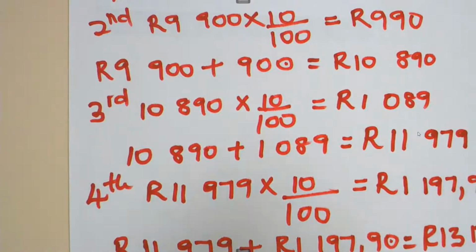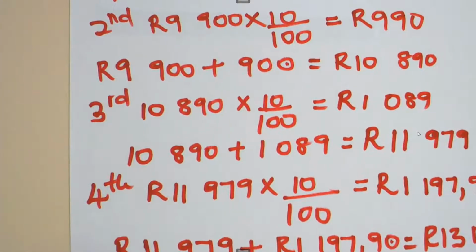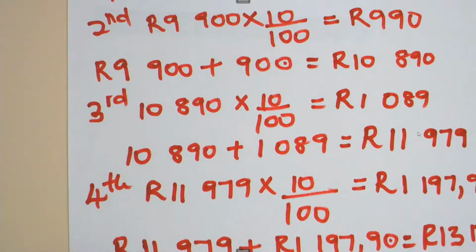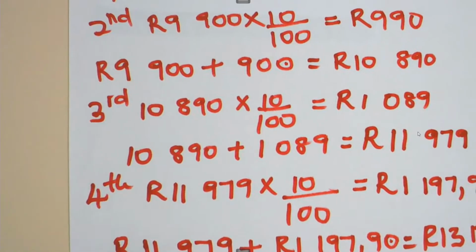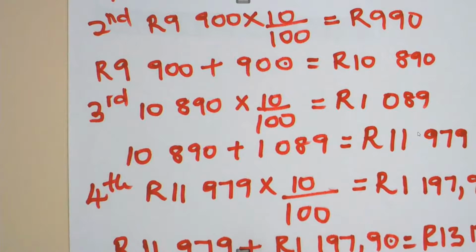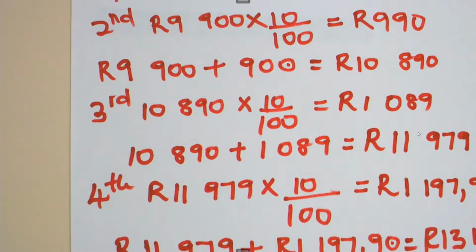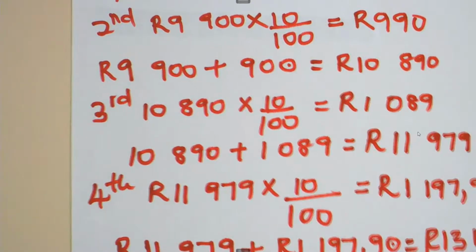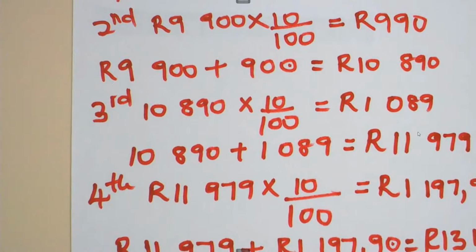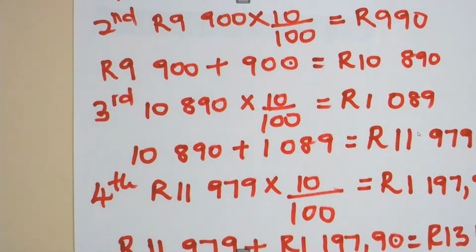And then we add it to 13,176. So 13,176 rand and 90 cents plus 1,317 rand and 69 cents, and then we accumulate 14,494 rand and 59 cents.